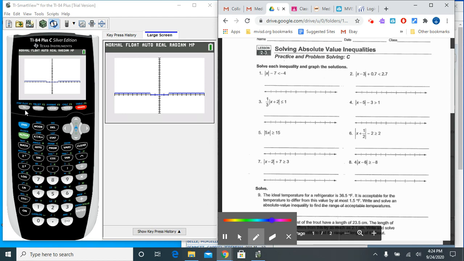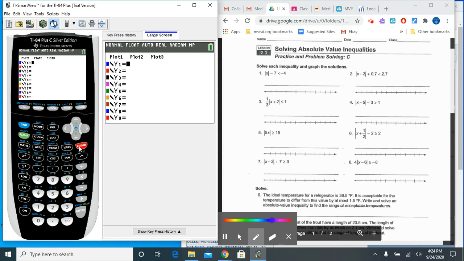We'll go back to the calculator, clear that out, and it's absolute value of x plus a half, and it's probably easier to make a half 0.5, -2, and we want greater than or equal, so second math, greater than or equal is option 4, and 2.